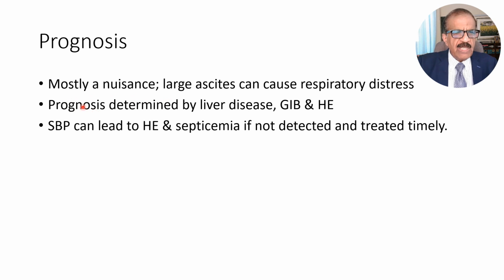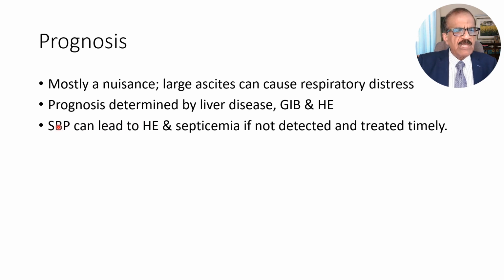Prognosis: mostly a nuisance. The ascites itself does not give much of a problem, except that the patient is of course concerned, and has abnormal posturing, maybe some breathing difficulty. Large ascites can cause respiratory distress, but mild to moderate ascites just causes some distension and nuisance.